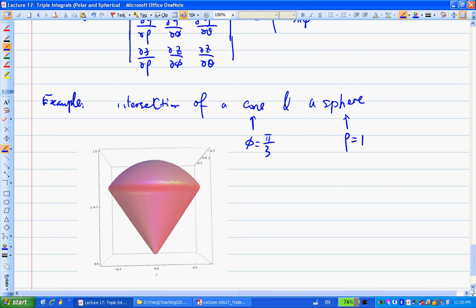I'm making use of what we just learned: I represent the cone using one equation in spherical coordinates, phi equal to pi over 3, and the sphere using just one equation, rho equal to 1. That sphere is centered around the origin like this. What we need to do is calculate the volume of this ice cream cone.